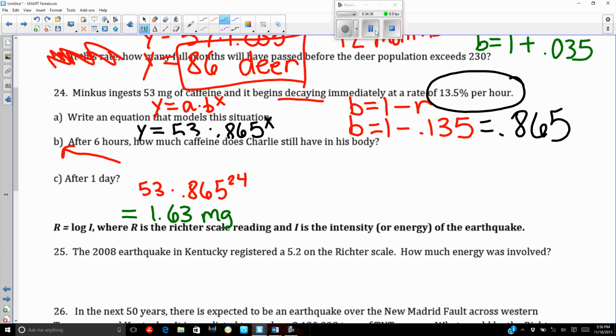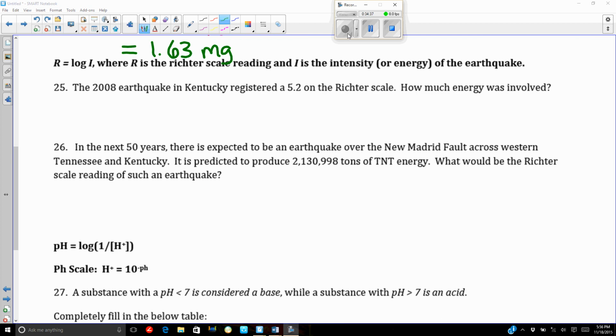All right, so finally 25 and 26. Earthquake problem, we talked about this just last class. We're going to use this formula here. R is the Richter scale reading, I is the intensity or energy of the earthquake. They give us the Richter scale reading of 5.2.